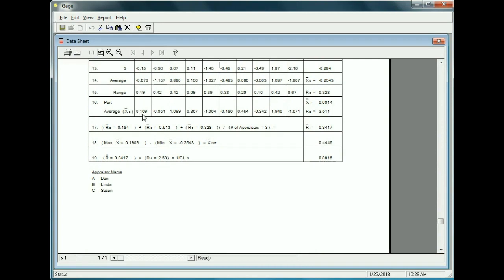We would then be able to get the average of averages by adding up these 10 averages, and that gives us the average of averages, which is notated as X double bar.